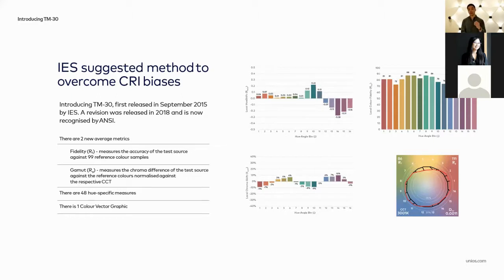There are also 48 other hue-specific measures. And on the right-hand side there, I've shown the different types of graphs you can get from them. But there is also one key graphic that, in my opinion, is vital, and which is what makes TM30 highly successful, and that is its color vector graphic.